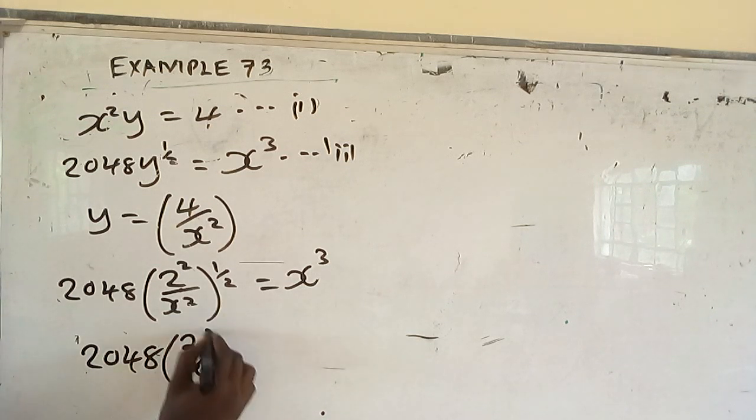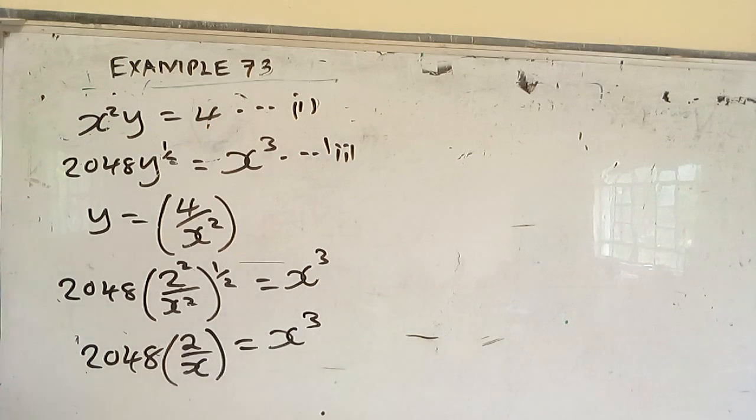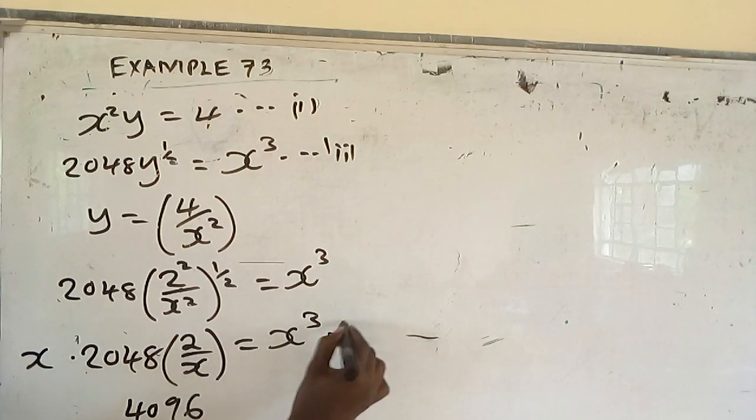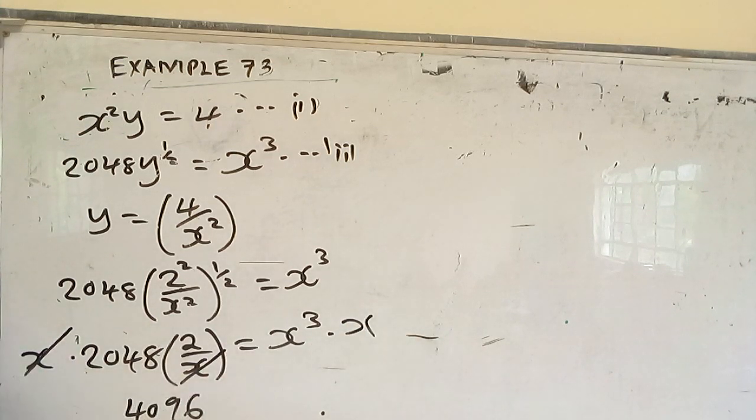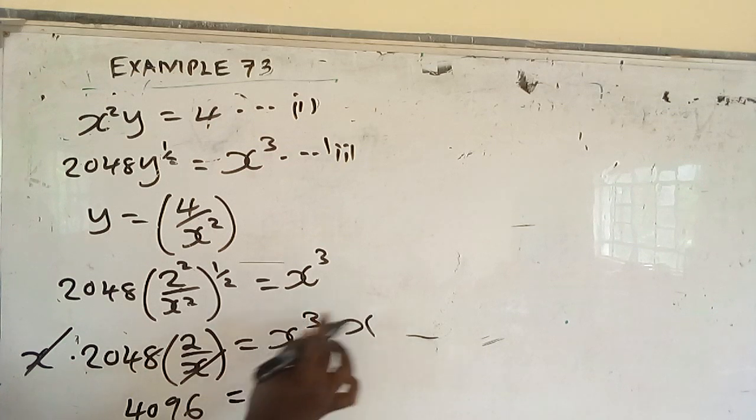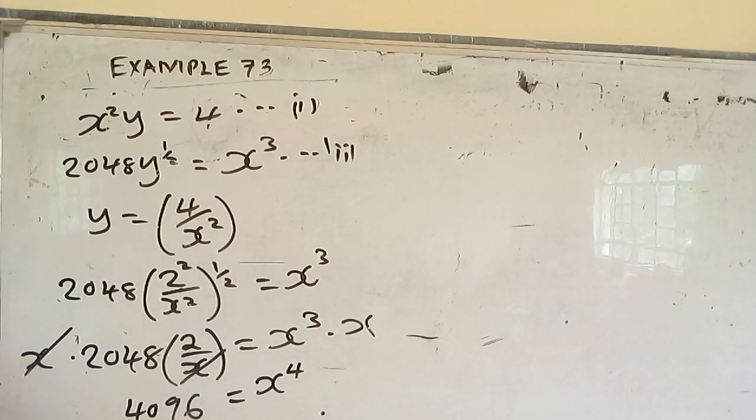To be equal to x cubed. So can you simplify? 2048 times 2 is 4096. Then you multiply both sides of the equation by x to get rid of this x in the denominator, so you get 4096 is equal to x cubed times x, which is x raised to power 4.